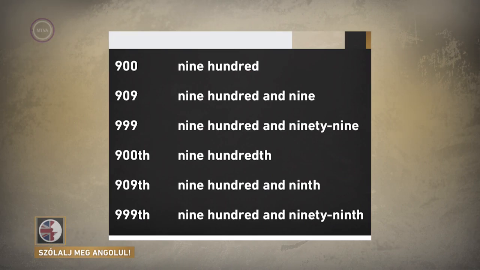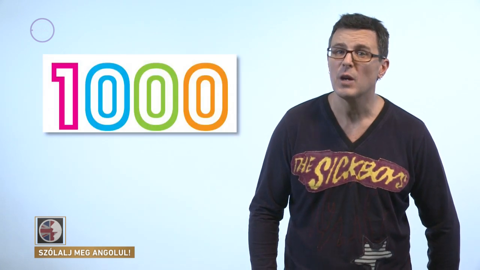So this means that we know that 900 is 900, 909 is 909, and 999 is 999. We know the ordinal version of these numbers too, don't we? Okay, so what comes after 999? Well, after 999 we have 1000.